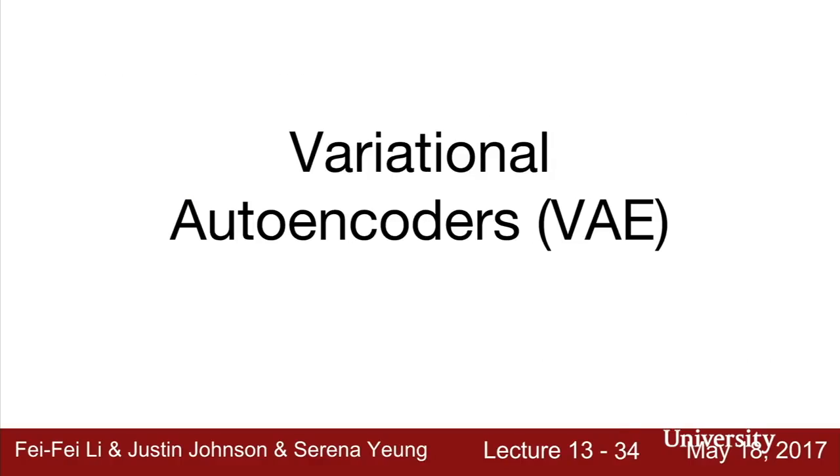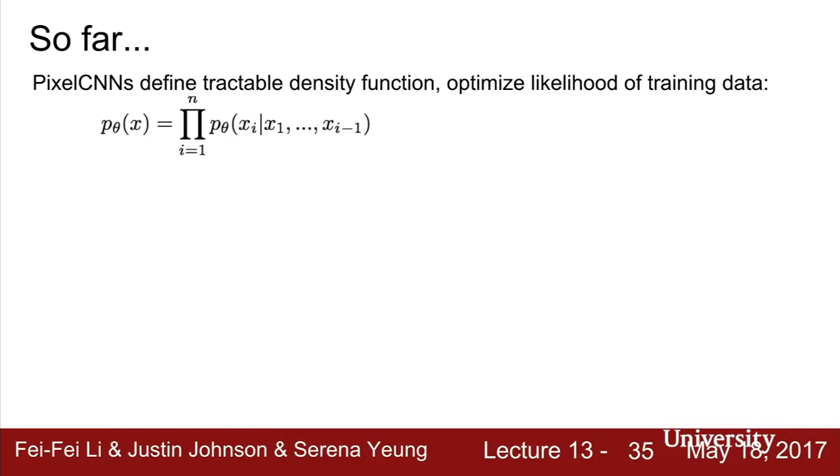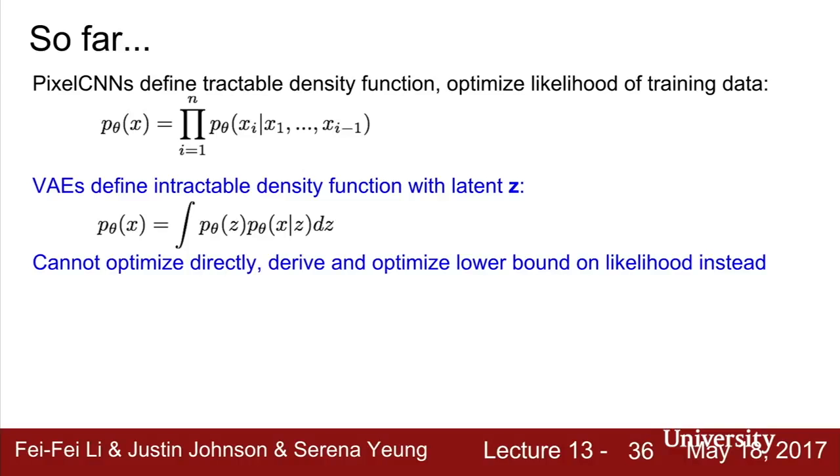Okay, so now we're going to talk about another type of generative model called variational autoencoders. So far, we saw that PixelCNNs defined a tractable density function using this definition, and based on that, we can directly optimize the likelihood of the training data. With variational autoencoders, we're going to define an intractable density function.